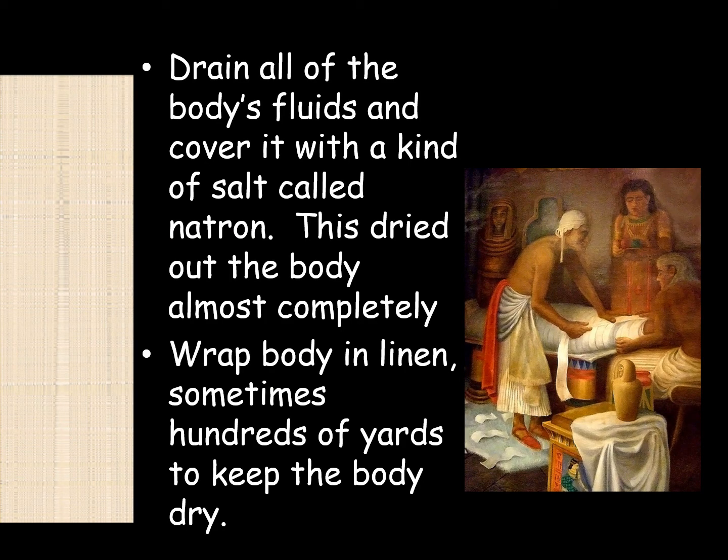So to get to all of the bodily things, the lungs, the stomach, and the intestines, first they drain all of the fluids. And then they'd cover everything with a salt called natron. And this dried out the body almost completely. So then they'd do that. They'd wrap the body in linen, sometimes hundreds of yards of linen, so that the body would stay dry once the salt dried it out completely.